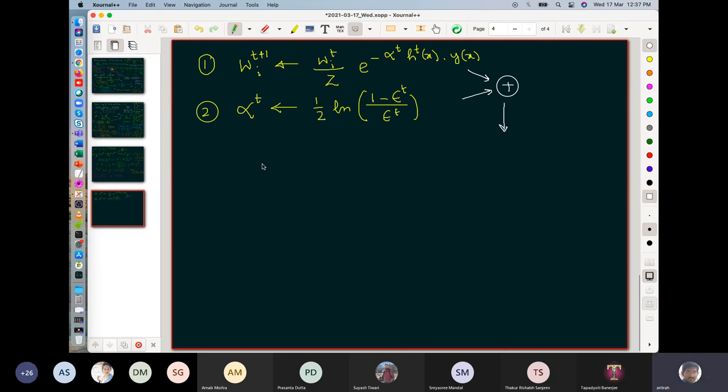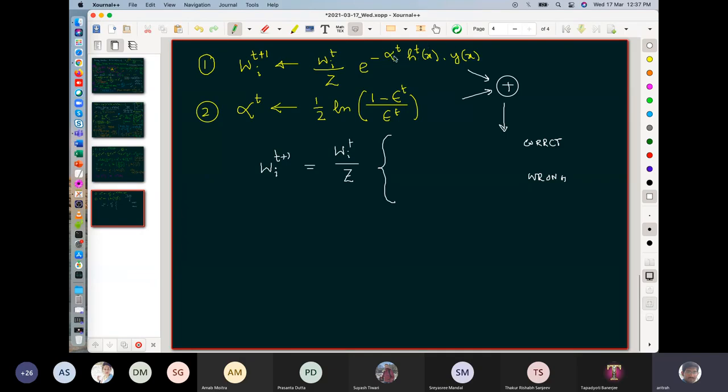It means that w_i^(t+1) is equal to w_i^t by Z. There are two conditions. If I correctly classify a point, if I wrongly classify a point. What if I correctly classify a point? That means this is to be plus 1.